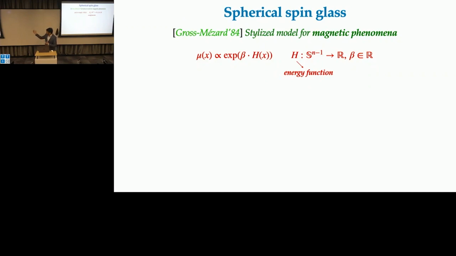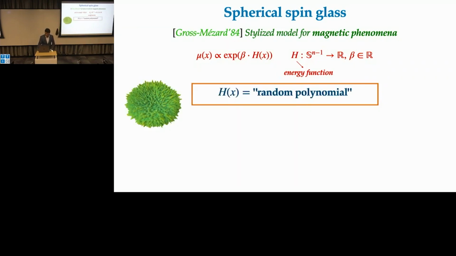And this model is a probability distribution on the unit sphere, which is proportional to e to the power beta times h. And in the spherical spin glass model in particular, this energy function h is chosen to be a random polynomial. That is, a polynomial, all of whose coefficients are drawn independently from some nice probability distribution.